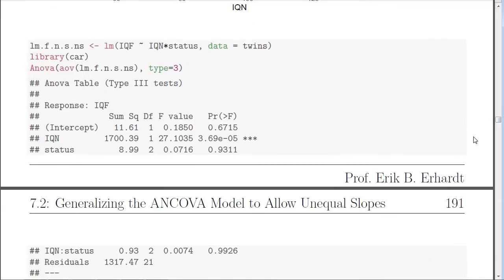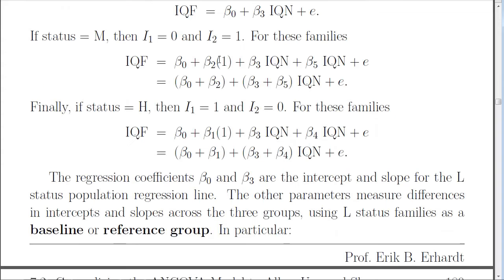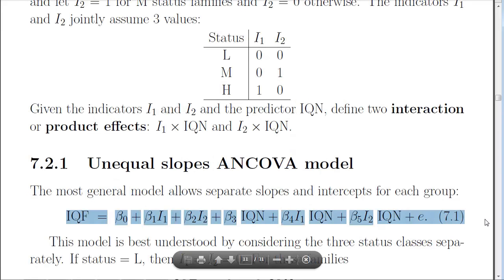Let's continue. So let's fit this full model. Let me page up for a moment and remind ourselves we're going to fit this full model, equation 7.1, where we have separate intercepts for each and separate slopes for each status group.